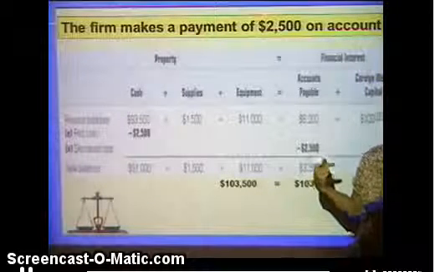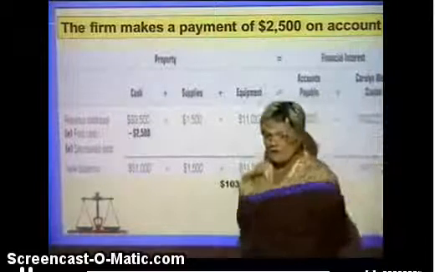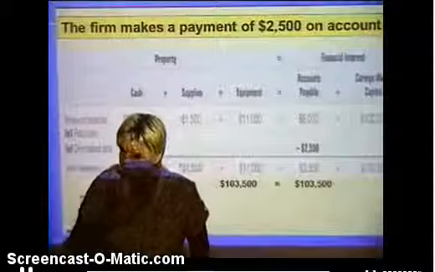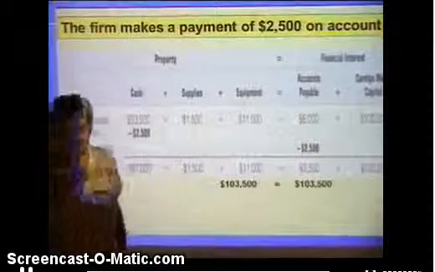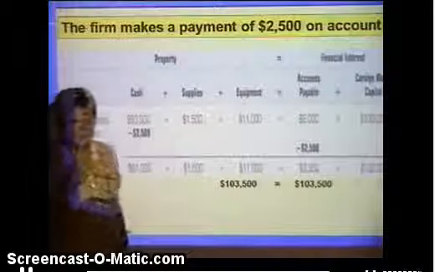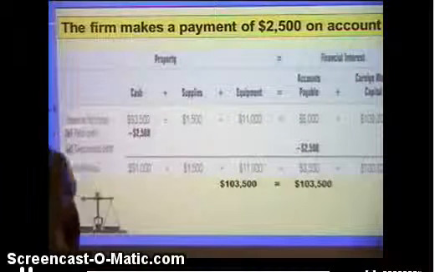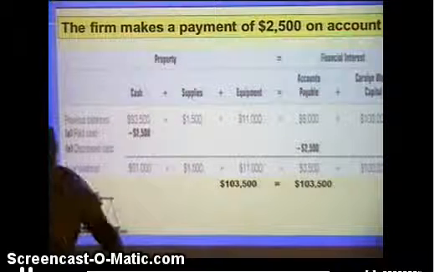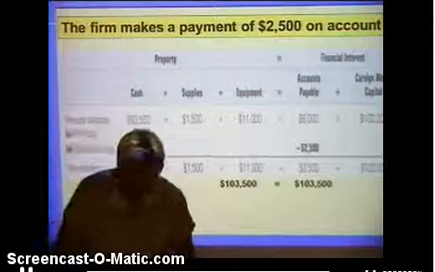Because the equation is the foundation for all of our accounting from now on, in all your accounting classes. Is everybody following so far? We're going to do some exercises where you can practice.